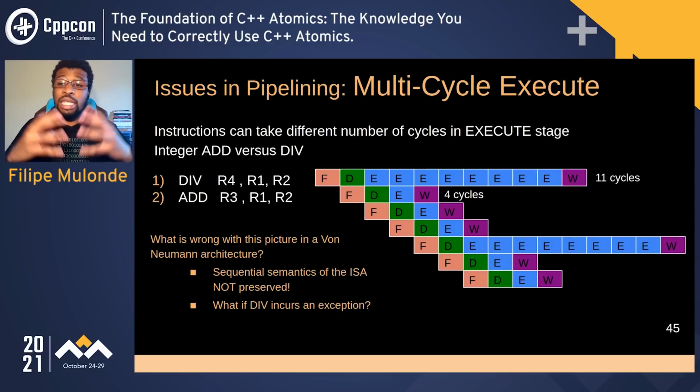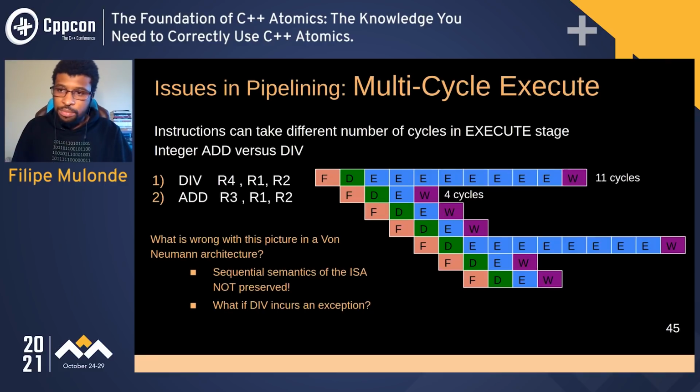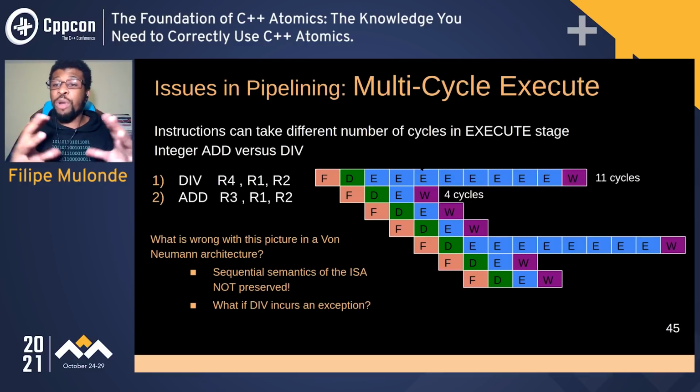Why? This is a problem because instructions can take different numbers of cycles in the execute stage. The first instruction takes 11 cycles to complete, and the second instruction takes 4 cycles to complete. After 4 cycles, instruction number 2 can update the architectural state before instruction number 1 completes. The problem is, what if instruction number 1 throws an exception after 7 cycles?